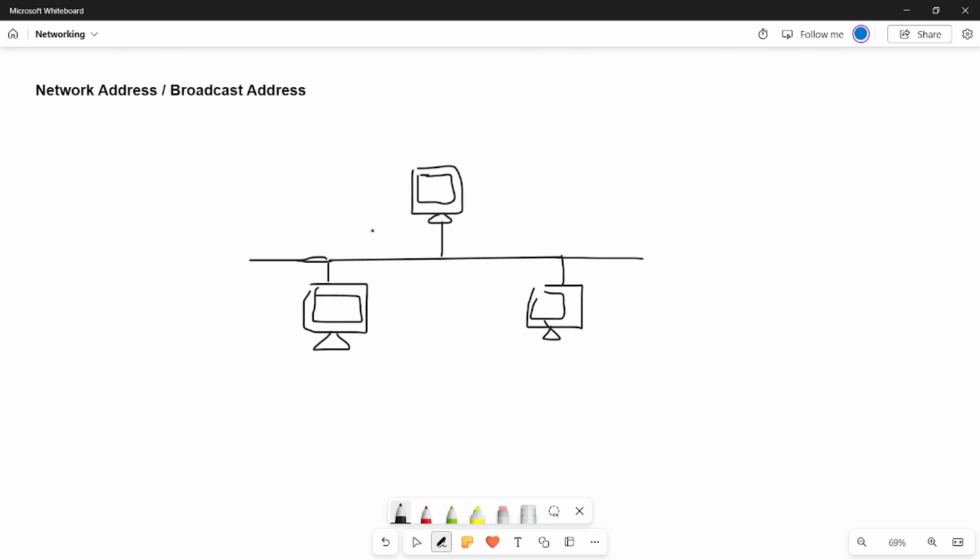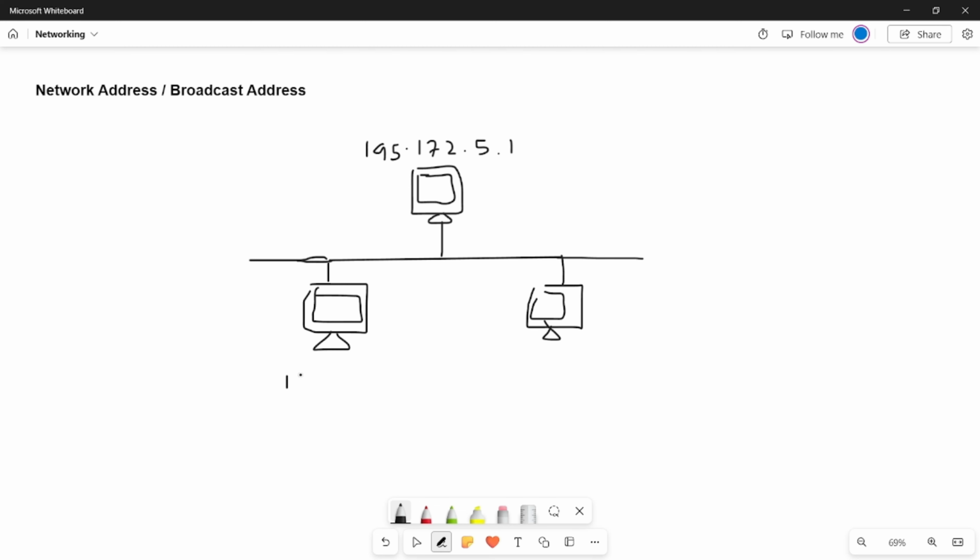Let's network those computers using normal IP addresses. Let's say we take 195.172.5.1. This is a random IP address assigned to this terminal. Let's imagine this is the IP address of this computer.